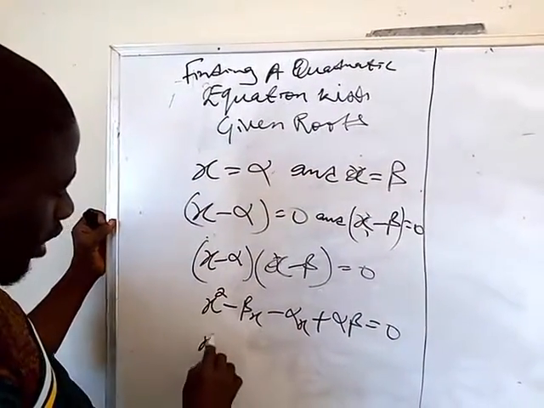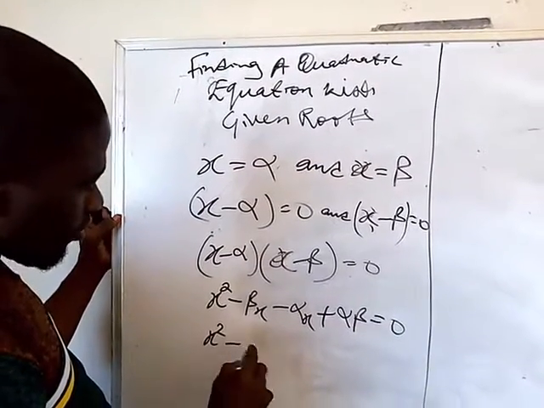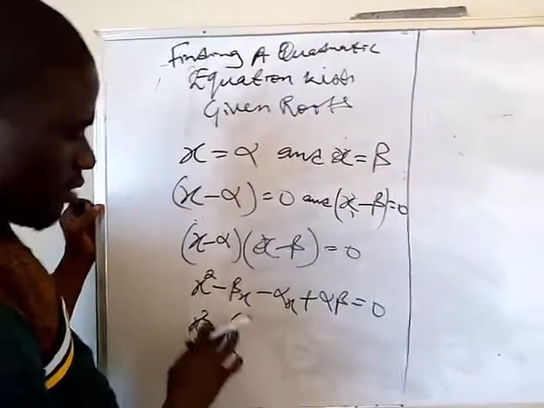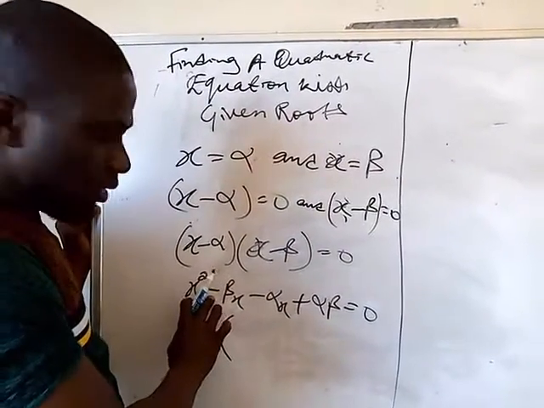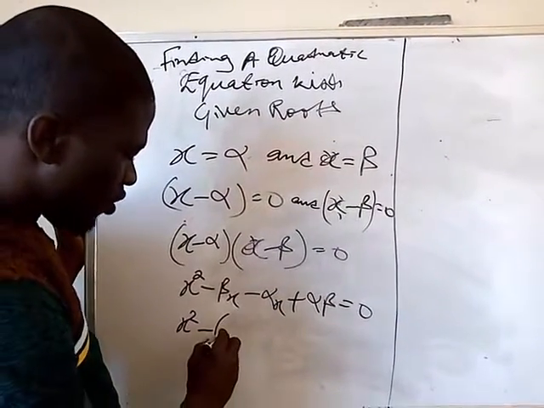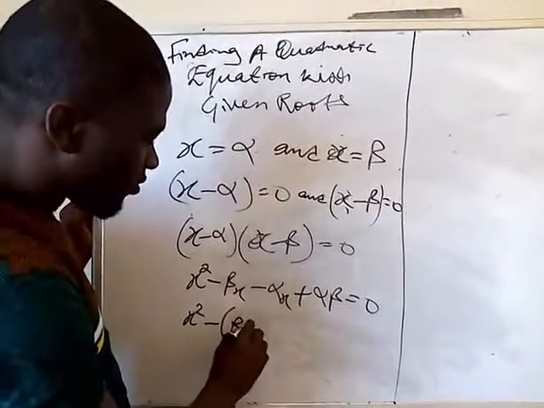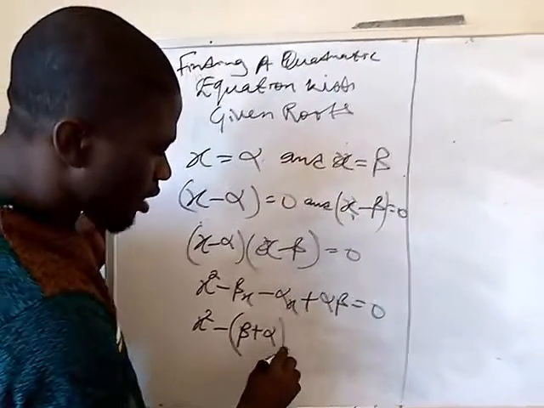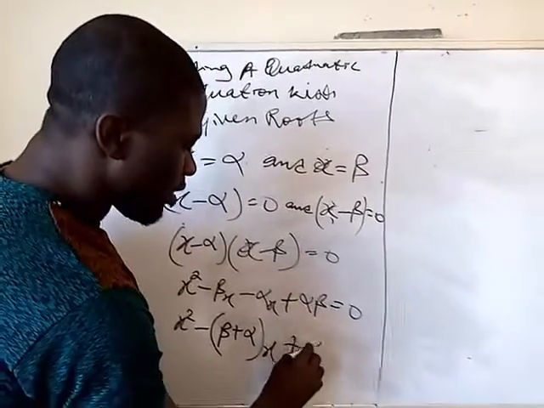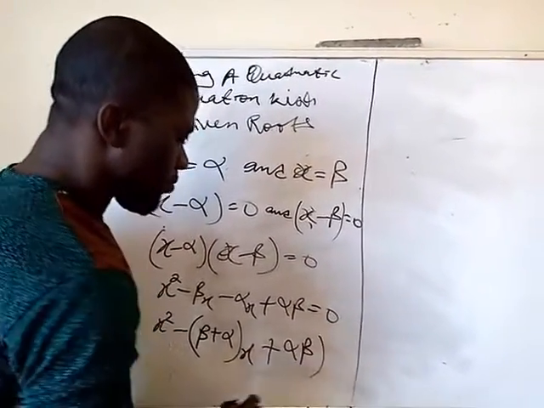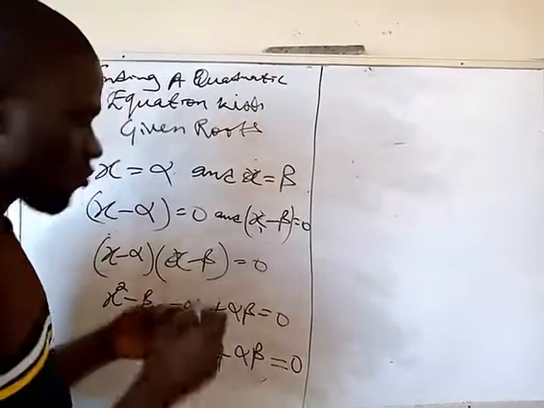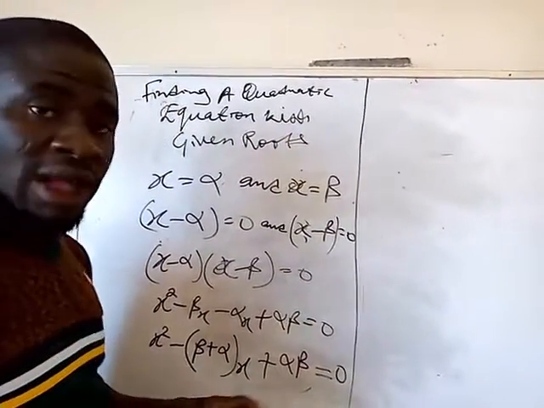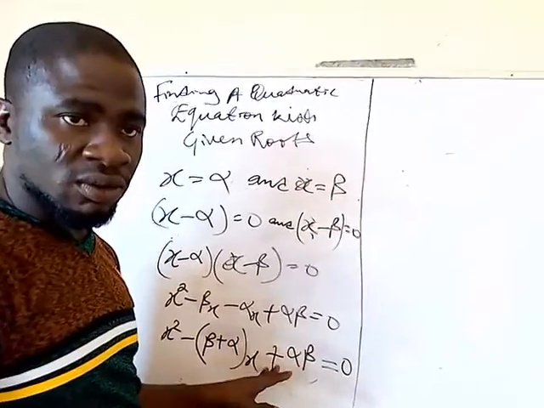You have x squared minus open bracket, because this one is outside, this one will change to plus, beta plus alpha, close bracket, x plus alpha beta equal to 0. So at this point, we have formed the quadratic equation.